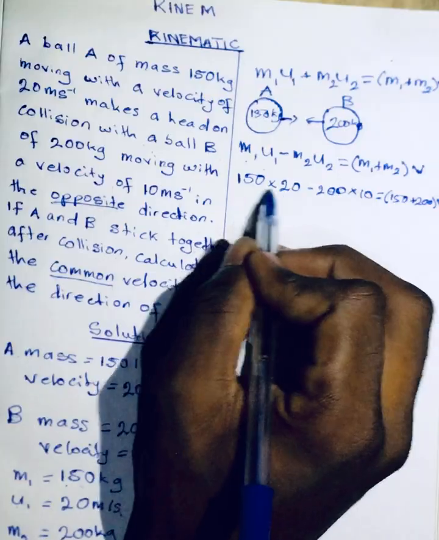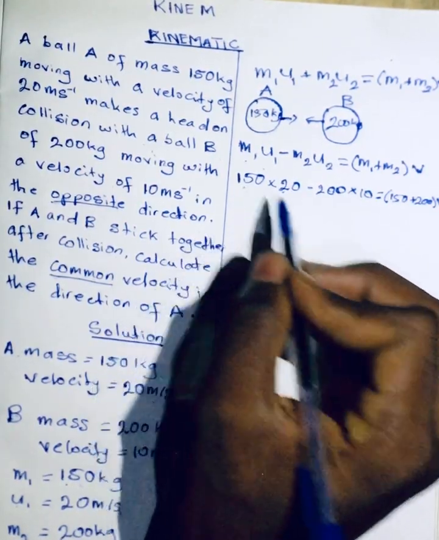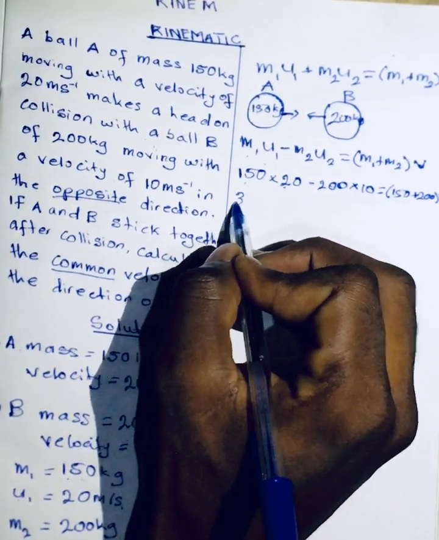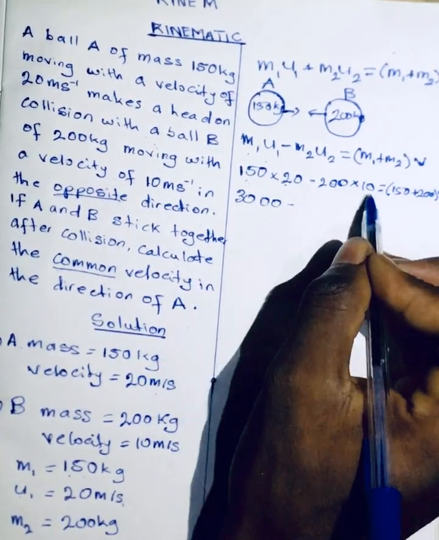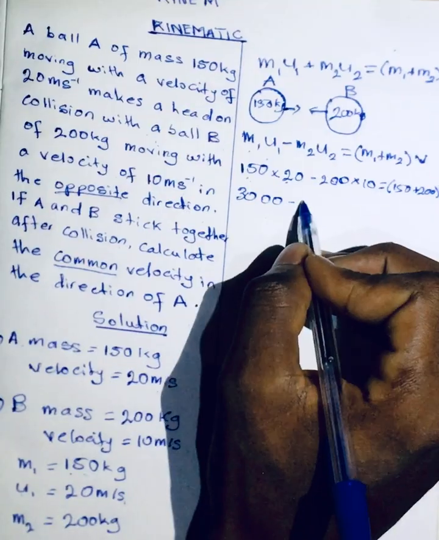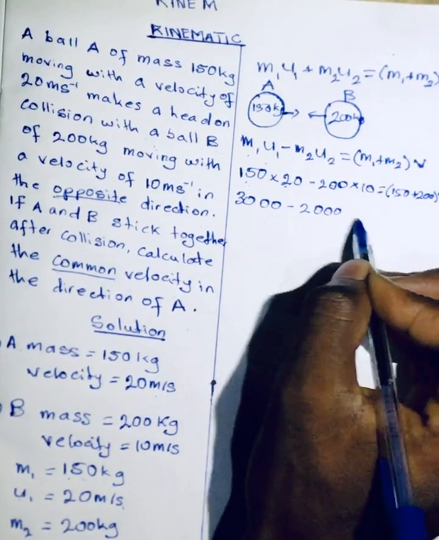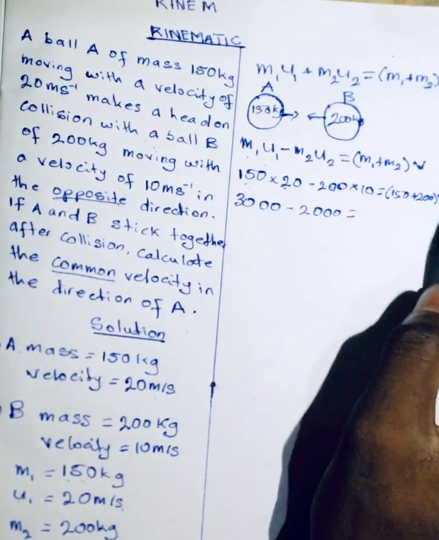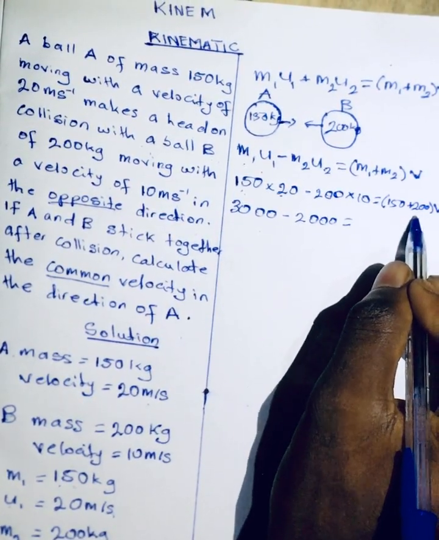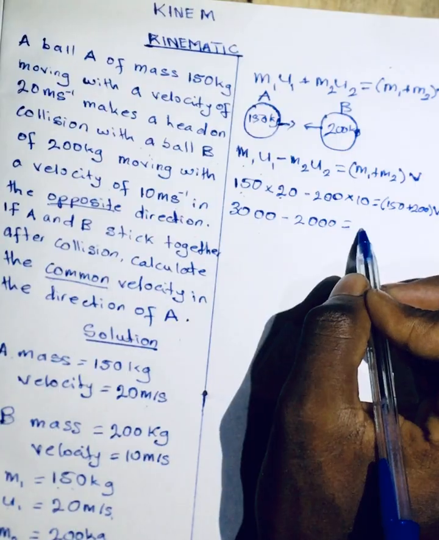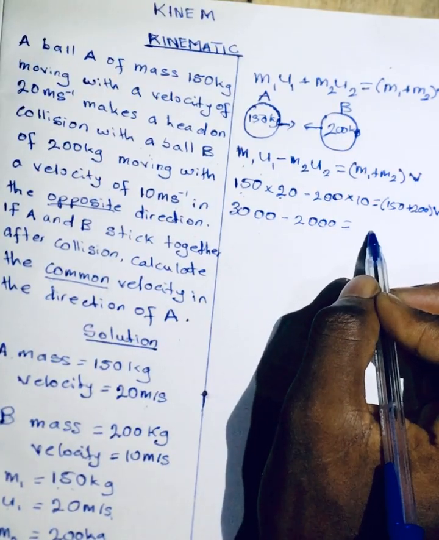So 15 times 2 gives us 30, then we add the 2 zeros. Minus this times this gives us 2000. This plus this gives us 350.